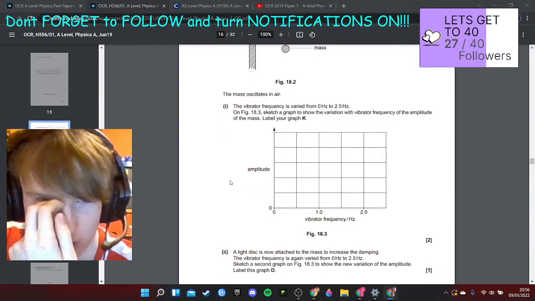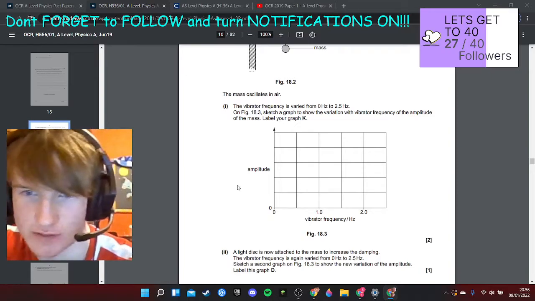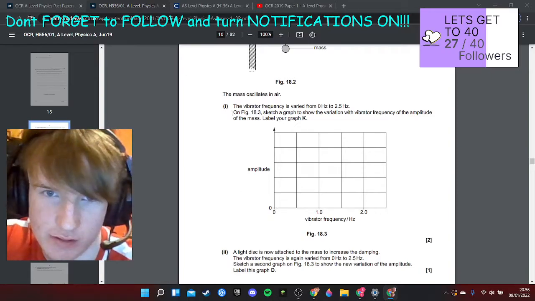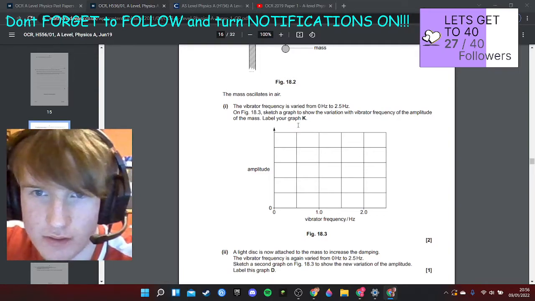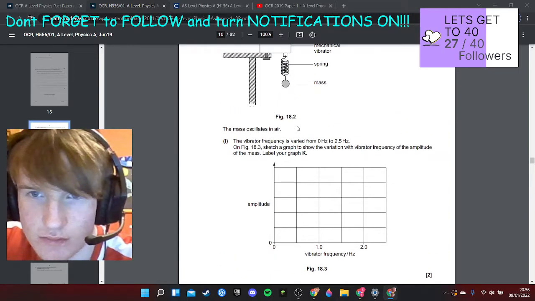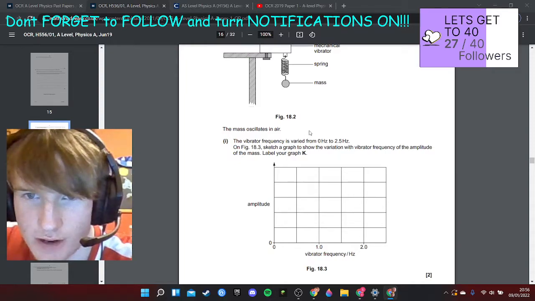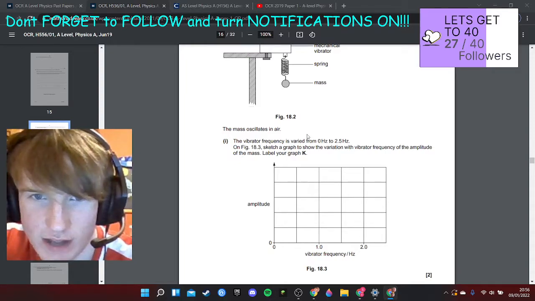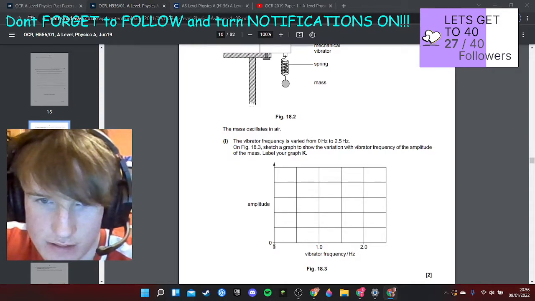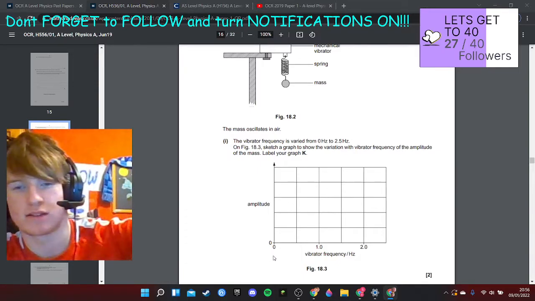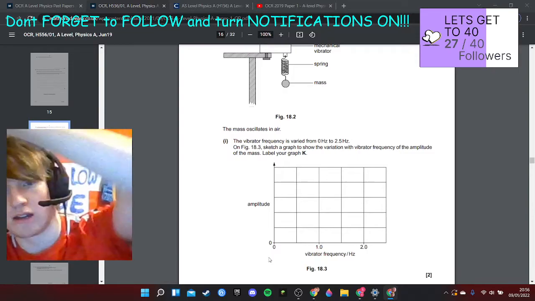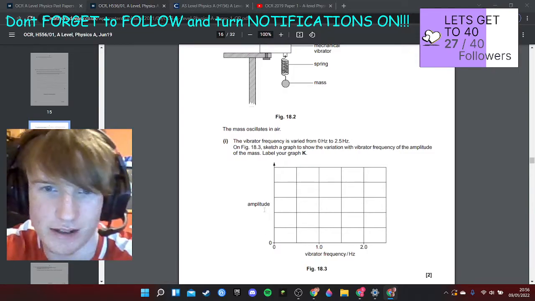I can't sketch on the graph, but I'll just have to show that I know what to do. Sketch a graph to show the variation with vibrator frequency of the amplitude of the mass. Well, it'd be like, would I not do that? But it doesn't have a minus.